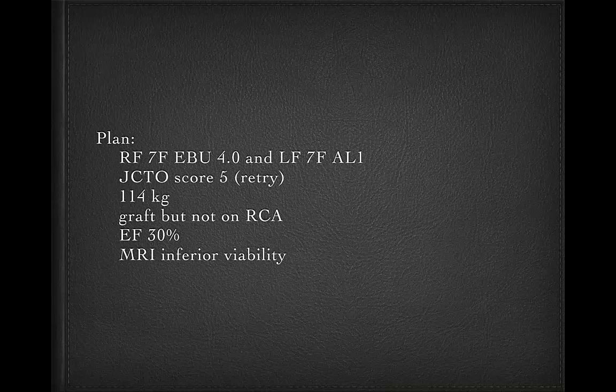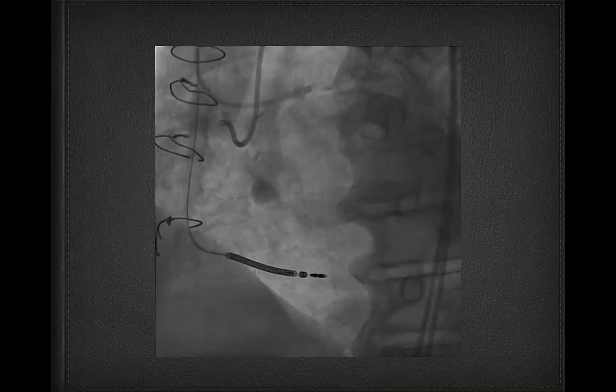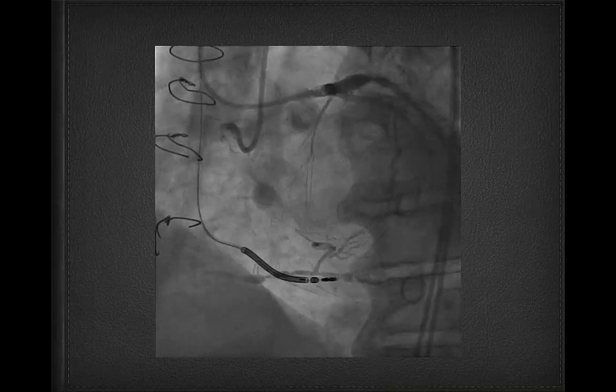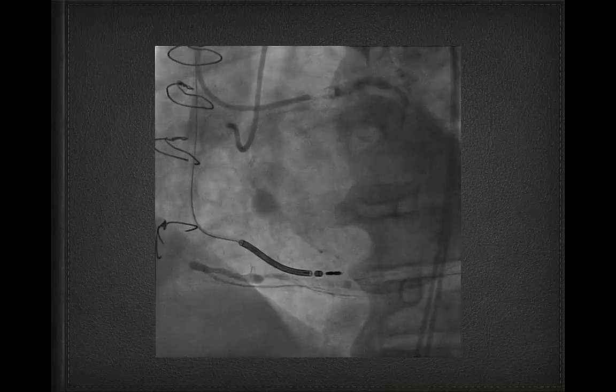It was a big guy, 114 kilograms. The J-CTO score was 5 because it's also a retry. Left ventricular function was low, 30%, but MRI showed us inferior viability. And so we are here.